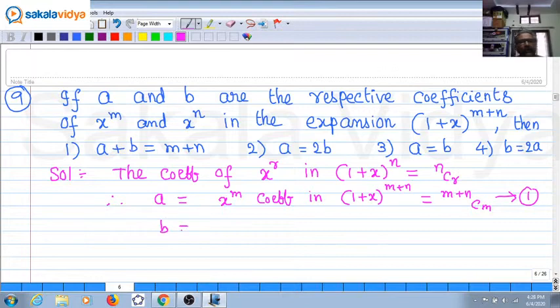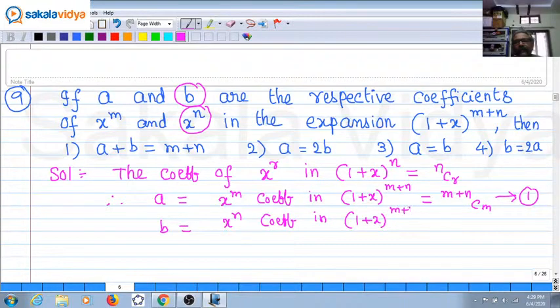B equals the x to the power of n coefficient in the same expansion (1 plus x) all to the power of m plus n, whose value equals (m plus n)Cn. This is 2.